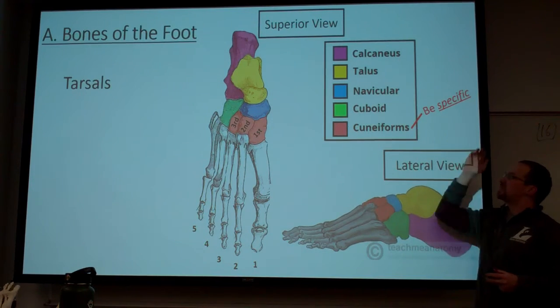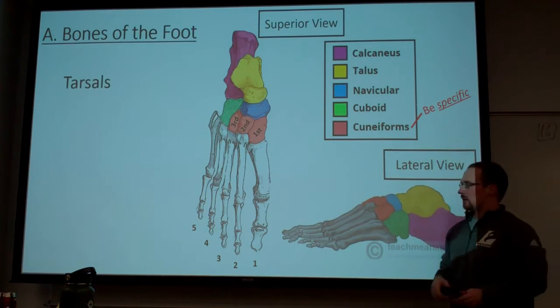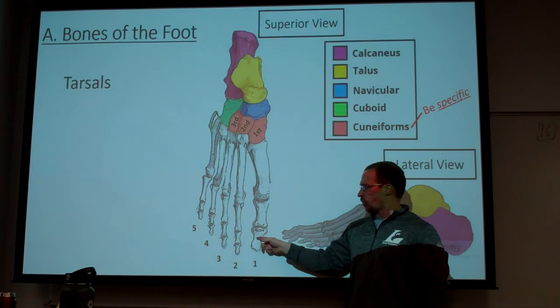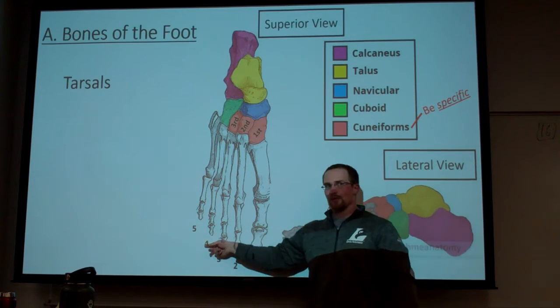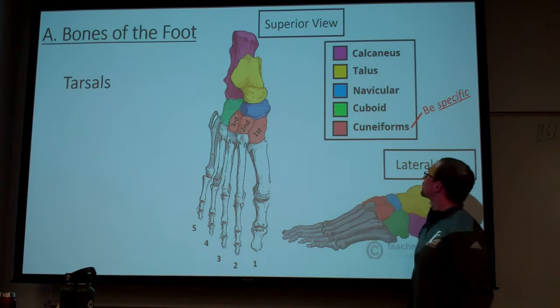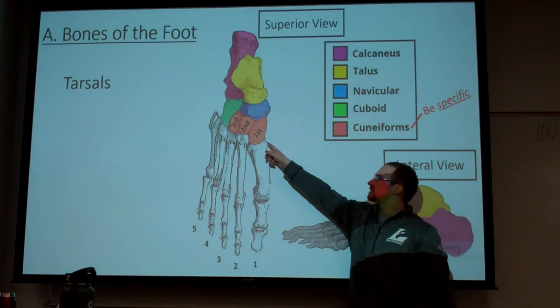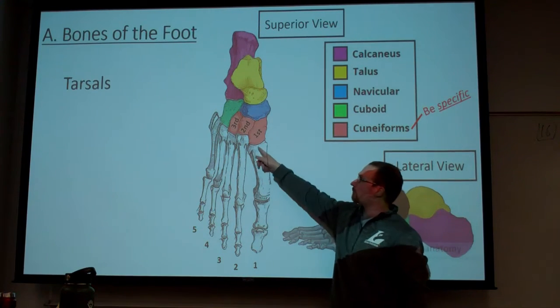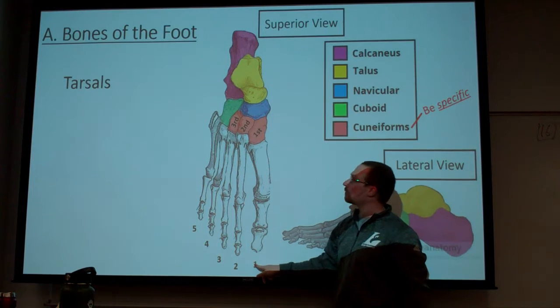Cuneiforms, and I want you to be specific with these. Now, just like our hand, our thumb was number 1, so our big toe is number 1. And then we count the rest of our toes through 5. So this cuneiform bone will be your first cuneiform, because it's on your big toe.